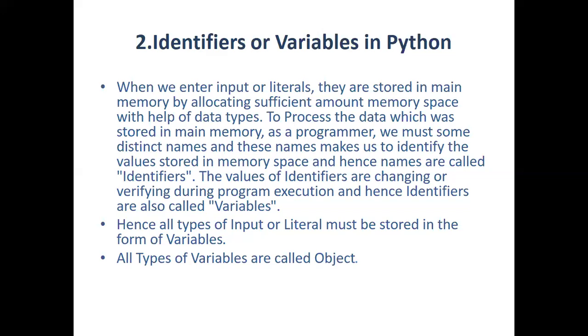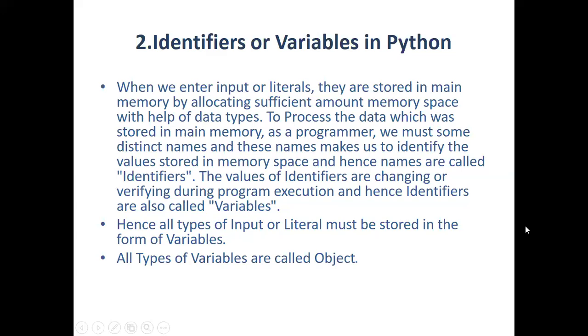Now the values of identifiers change during the execution of the program. So identifiers are called variables. See, now we have literals, identifiers, and variables. What do we understand by literals? Any input we make is called input or literals, which are stored in the main memory by allocating sufficient memory space.